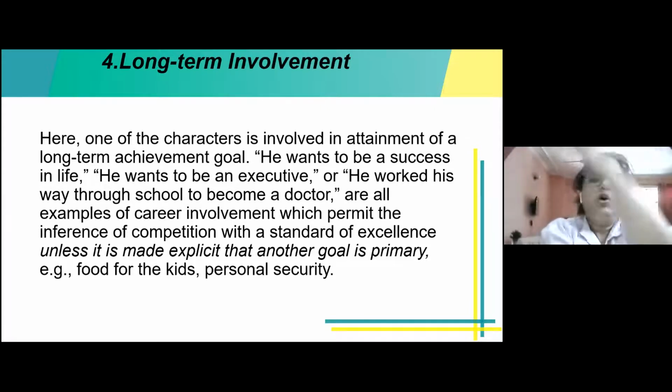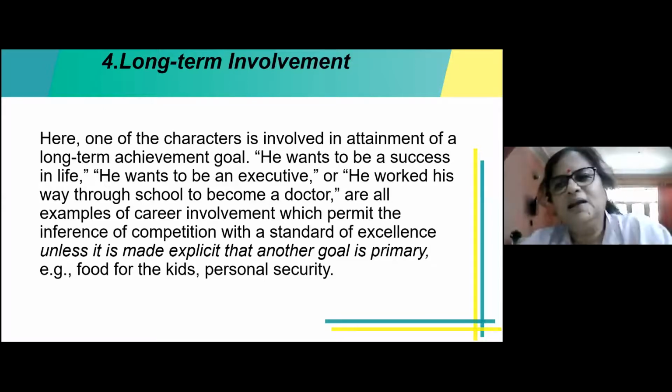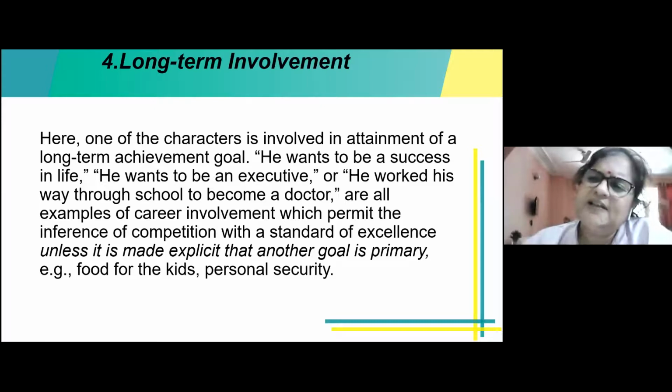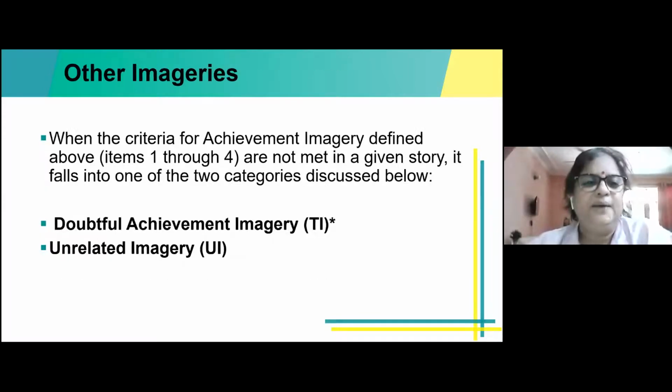So we say he wants to be successful in life, he wants to be an executive, he wants to work through, like Manji, you remember, how many years it took him to build that road, but he kept persevering single-handedly till that road got made. So this is what is called long-term involvement. Research particularly comes in this kind of an area.